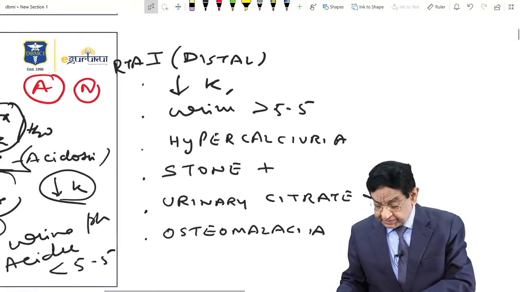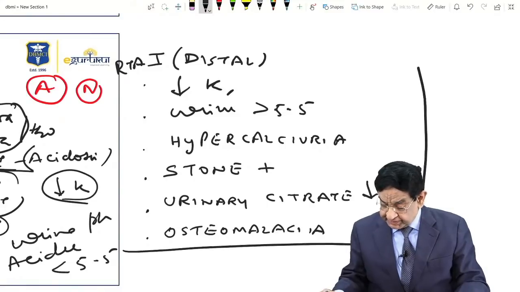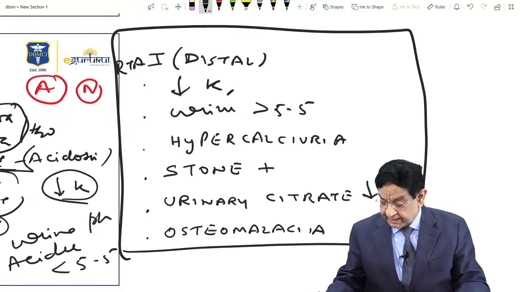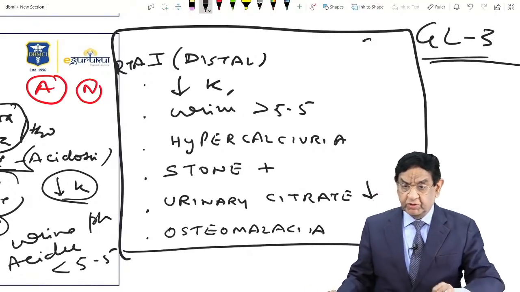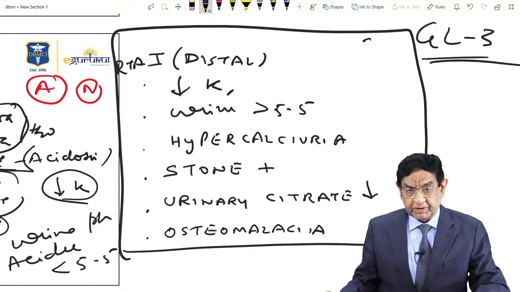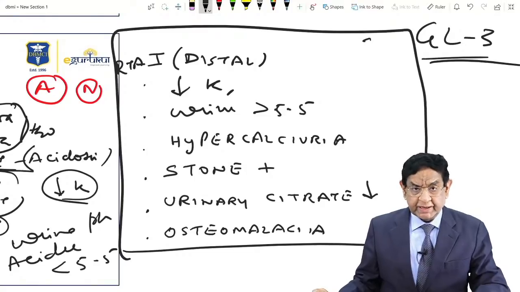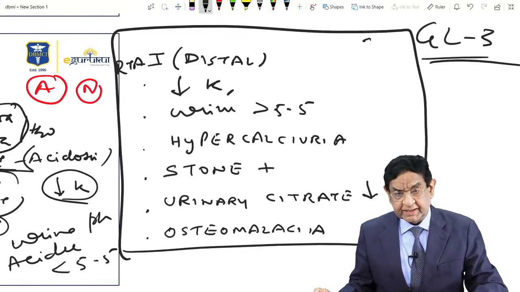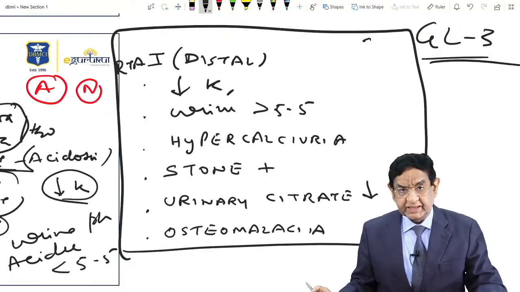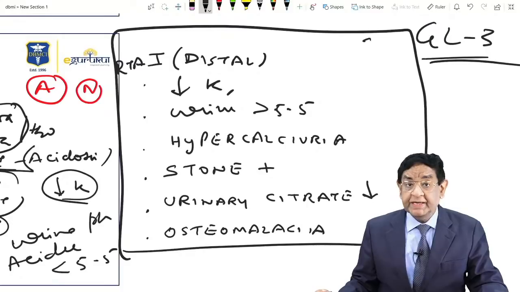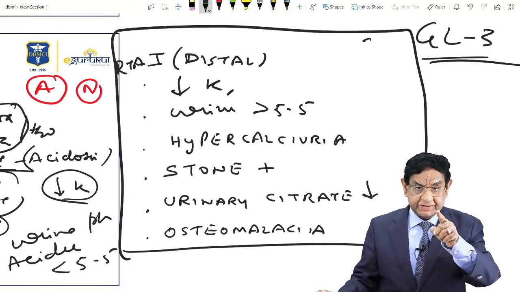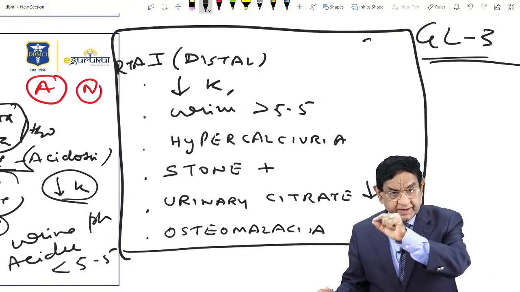So friends, this is the summary of the entire RTA type 1. This is golden line to remember 3, right? So a quick recap of the whole RTA in just 20 seconds. So hallmark of type 4 RTA is hyperkalemia and diabetes, and aldosterone level is reduced.